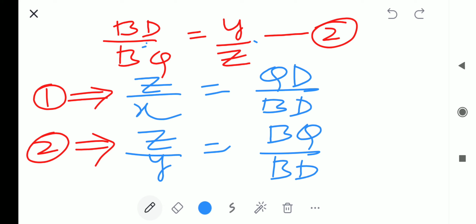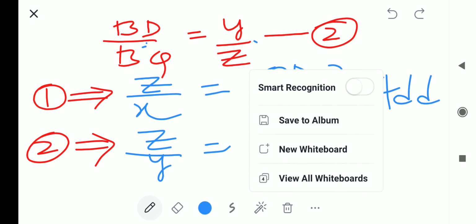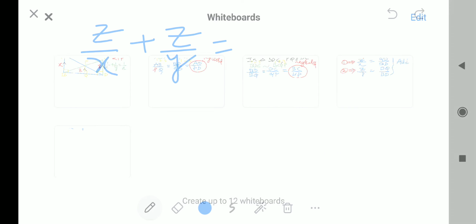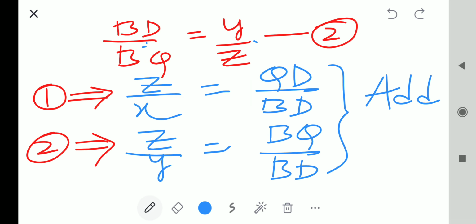Now I am going to add both equations. Then I get Z by X plus Z by Y is equal to QD by BD plus BQ by BD.